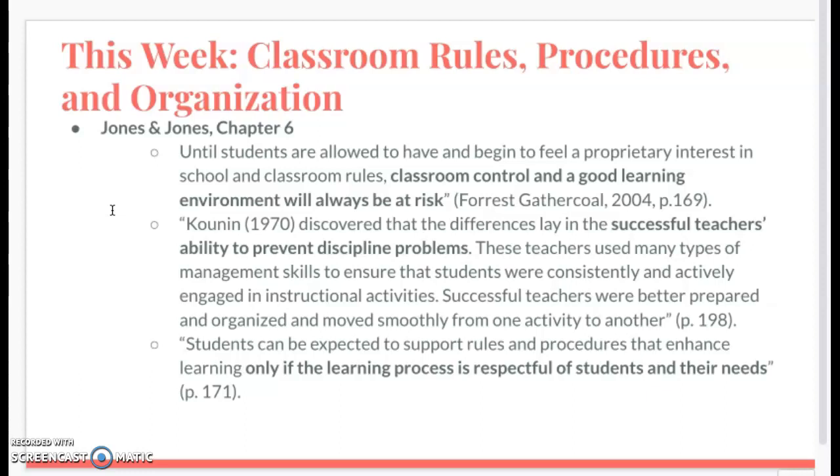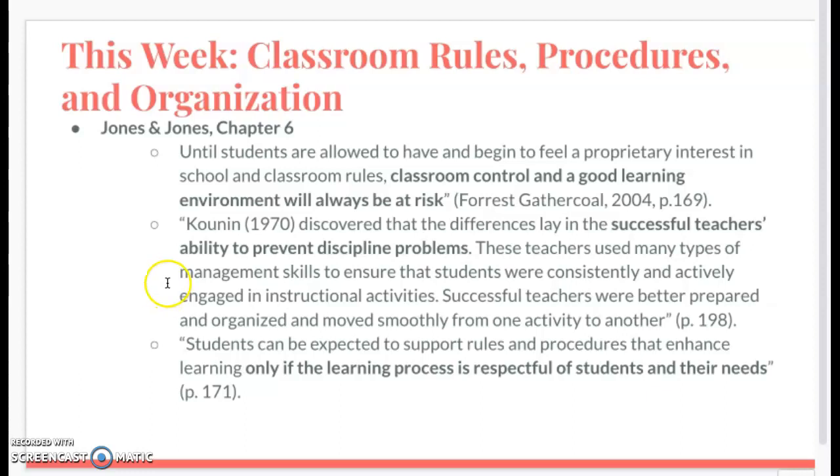Also, towards the end of the chapter, we hear about some research from Kounin. This is really foundational research within classroom management, who found that among classrooms in which there was thought to be good classroom management and poor classroom management, the difference wasn't in how teachers dealt with big management issues. They dealt pretty much the same with those sorts of issues.